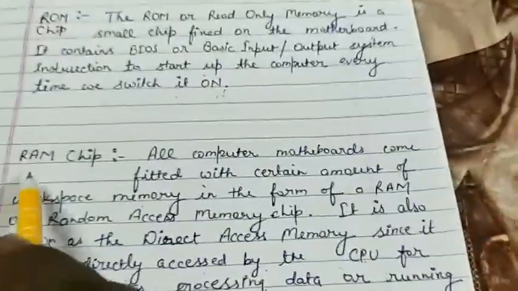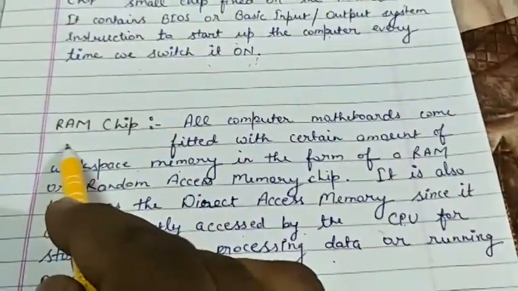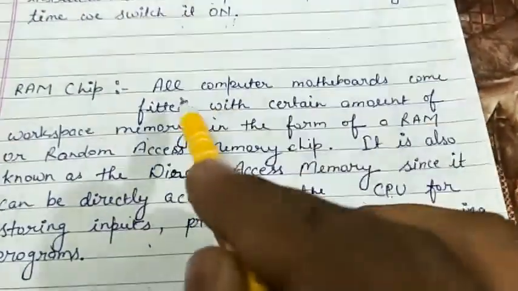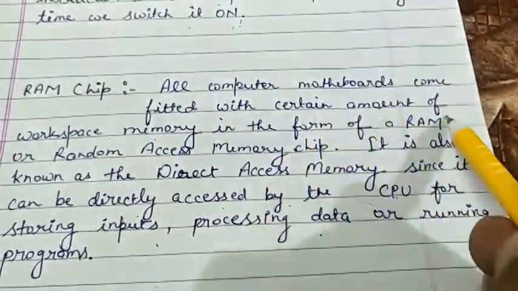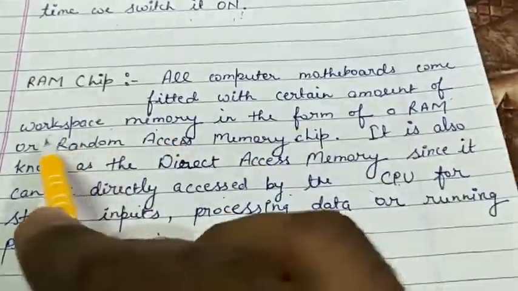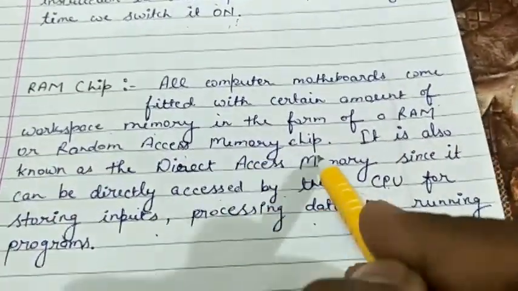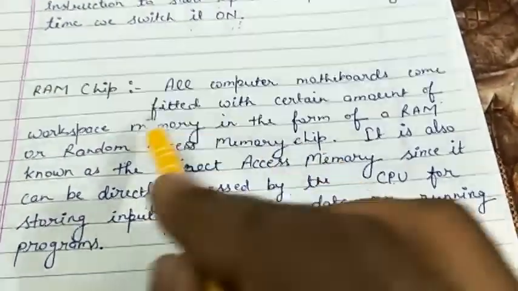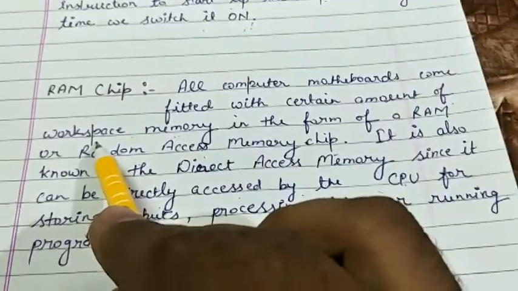Okay, now understand this one. RAM chip. All computer motherboards come fitted with a certain amount of workspace memory in the form of a RAM, or random access memory, chip. Okay, it means every computer wants some memory for working.